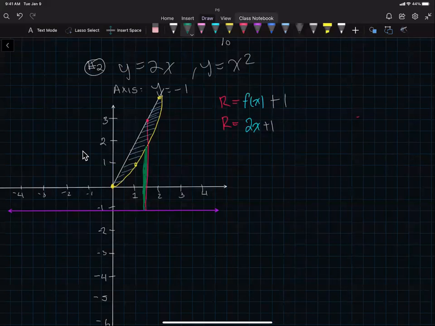So now what is r? Try to think, what is r? And give it to me in terms of f of x.